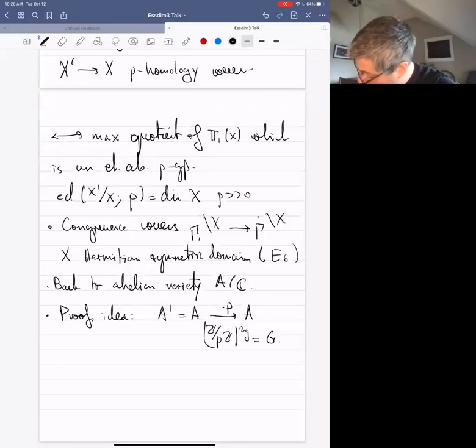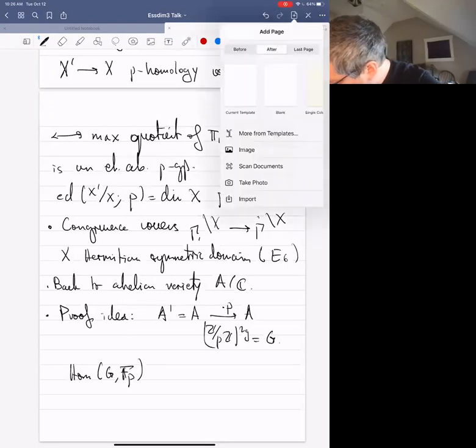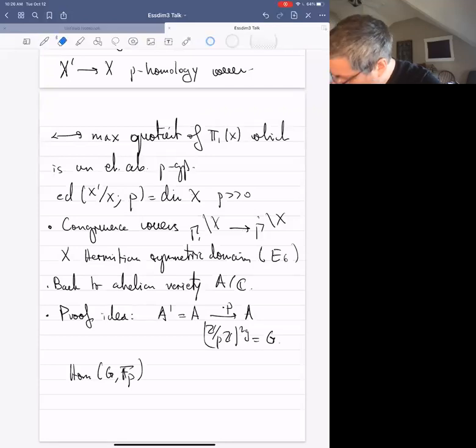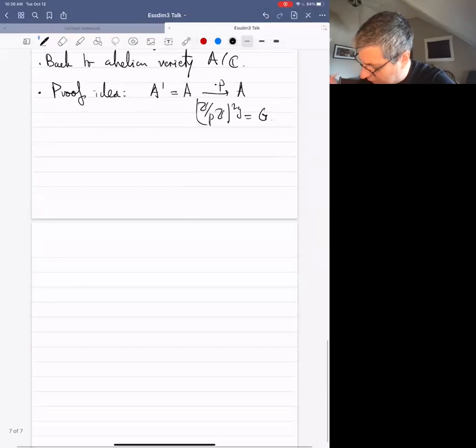So what I can do is look at the maps from G, an elementary abelian P group. Actually, let me start a new page. I'm going to need a little bit more room.